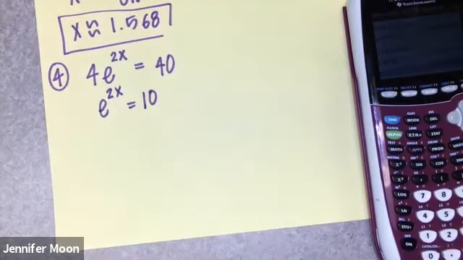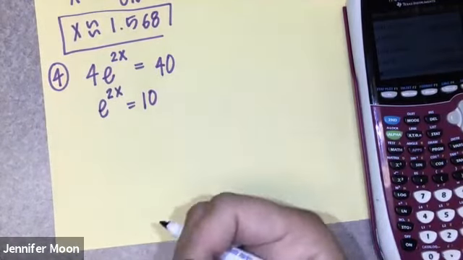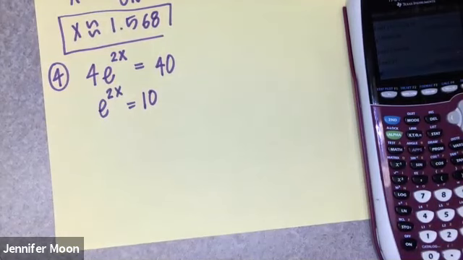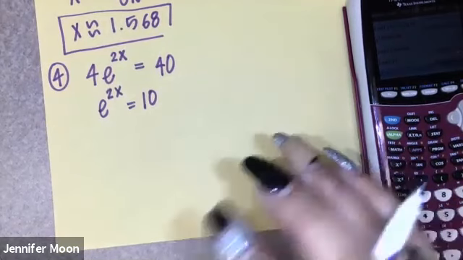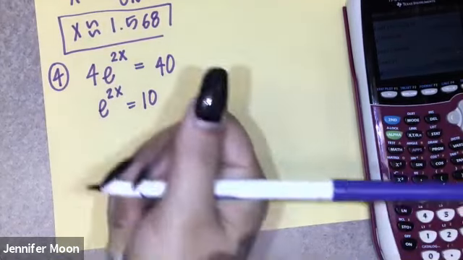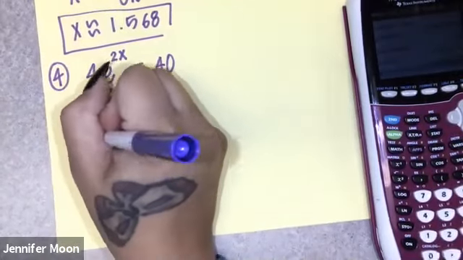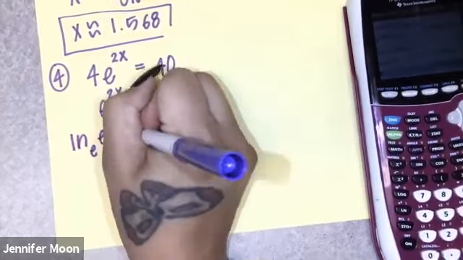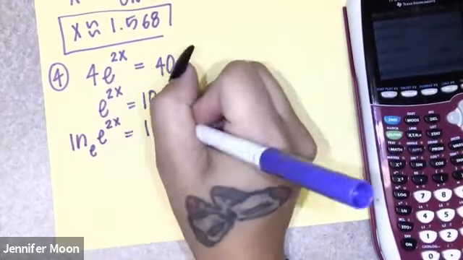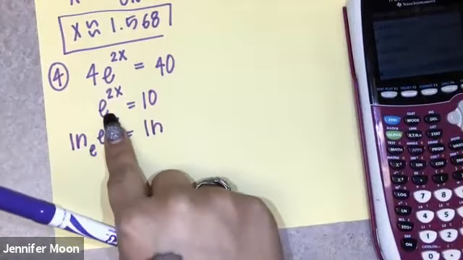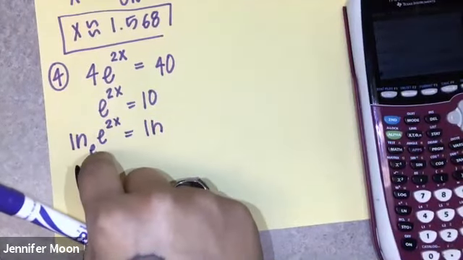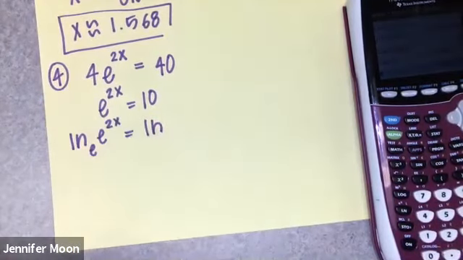And now that I don't have a coefficient on my e, I know that the inverse here in order to solve this equation would be to use that same property. Because my base here is e, I'm going to take the natural log. If I had a base of e, I wouldn't take log because that's base 10, right?